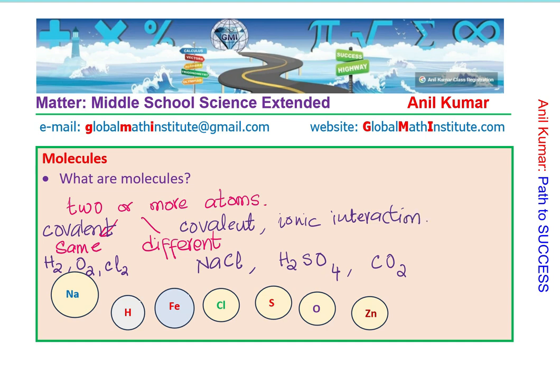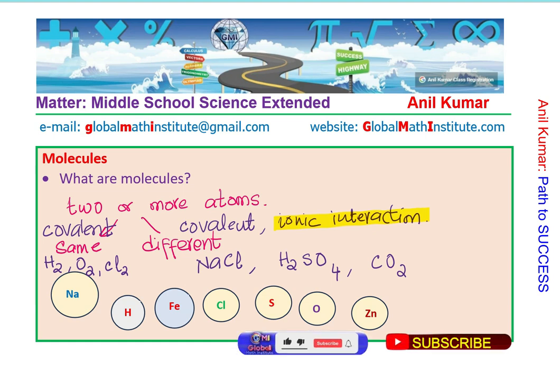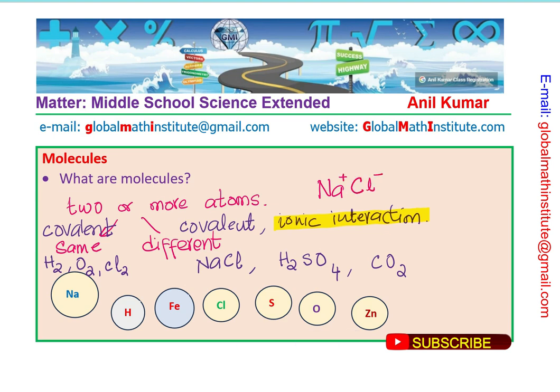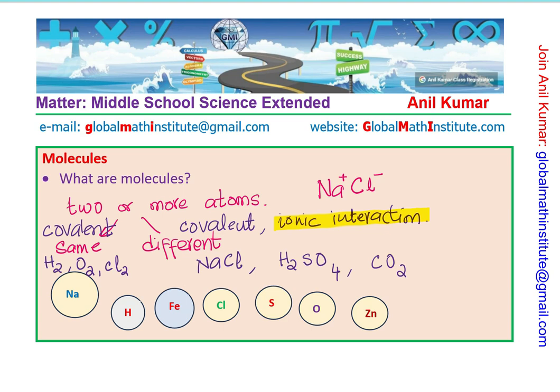Now, look here, I'm using the word ionic interactions instead of ionic bond. It has a meaningful approach because ionic interaction is like Na, if you see ion wise, is positive, combines with Cl negative. Positive really means that the electron in the outermost orbit of sodium was given to chlorine, which had 7 electrons in the outermost orbit.